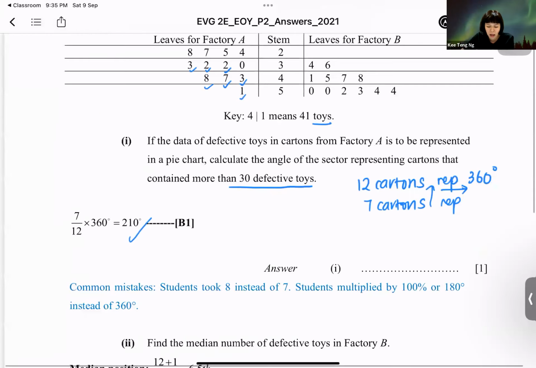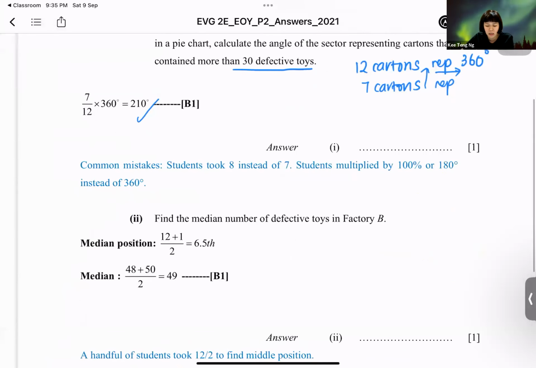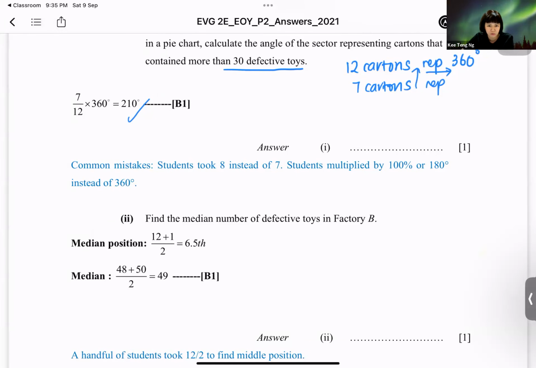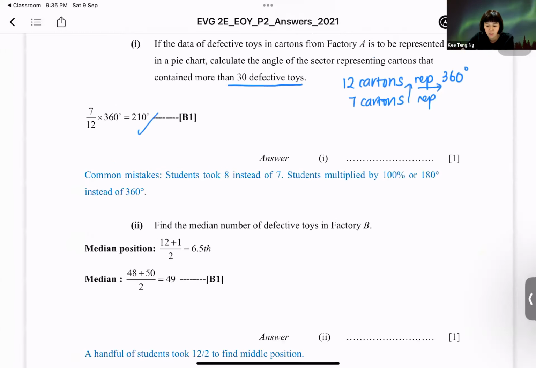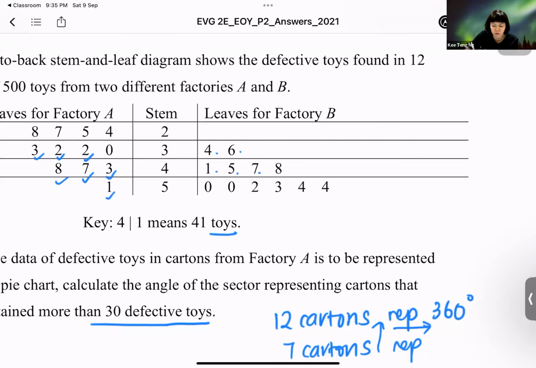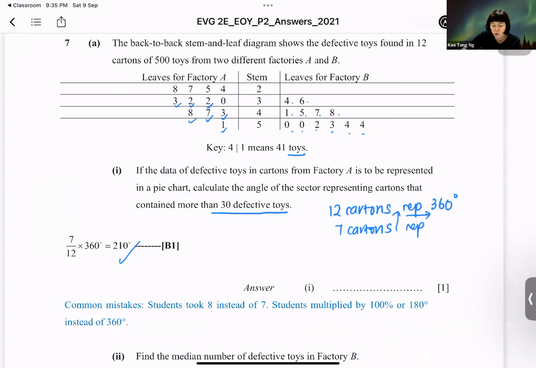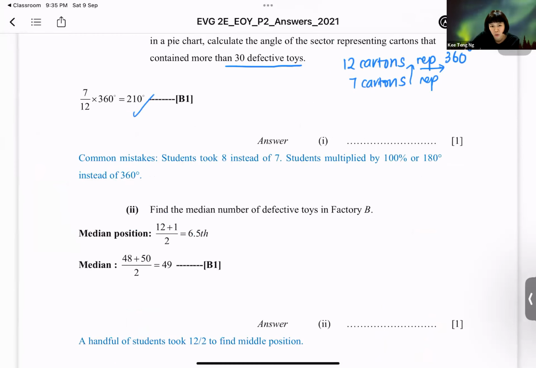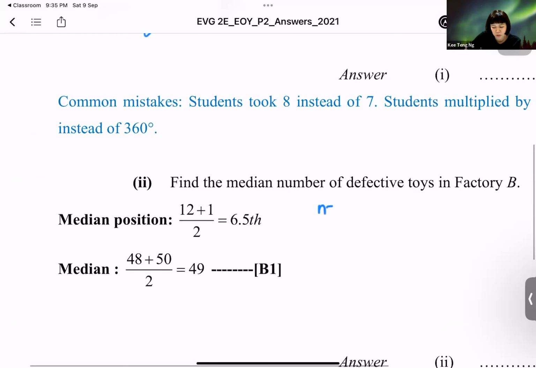Okay, next part. Find the median number of defective toys in factory B. How many cartons do we have? 1, 2, 3, 4, 5, 6, 7, 8, 9, 10, 11, 12. Still correct, 12. So the middle position will be n plus 1 divided by 2, which is 12 plus 1 divided by 2. That gives you 6.5.